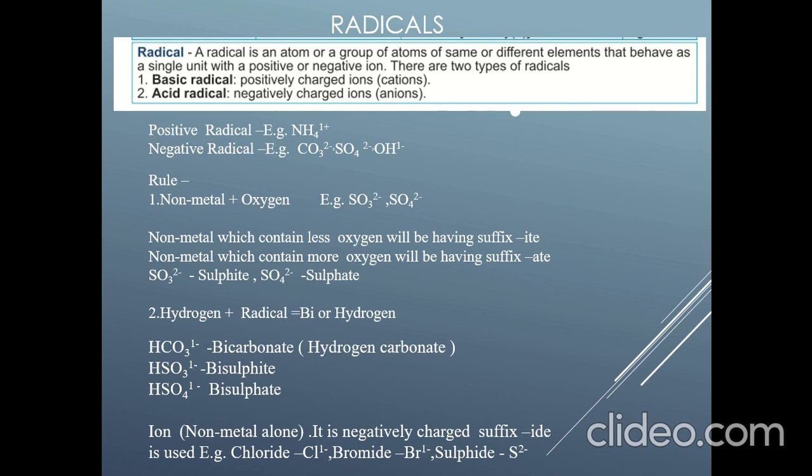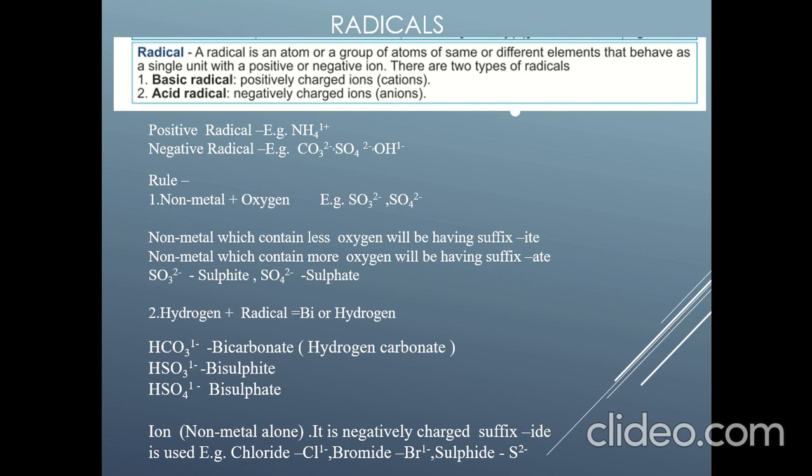So SO3 2- is sulfite and SO4 2- is sulfate. So always remember the rule: non-metal plus oxygen, if it contains less oxygen, it is ite; if it contains more oxygen, it is ate.